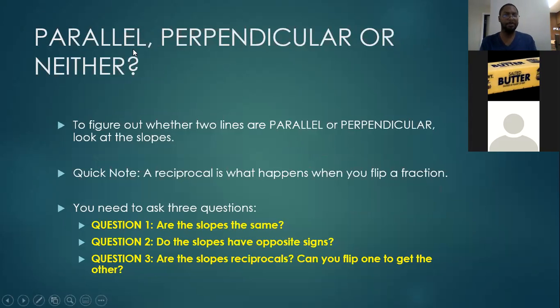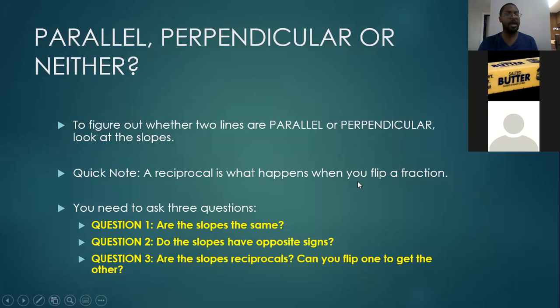Now, let's try to figure out whether two lines are parallel, perpendicular, or the third option here, neither. So we're going to ask ourselves 3 questions, essentially, to figure that out.